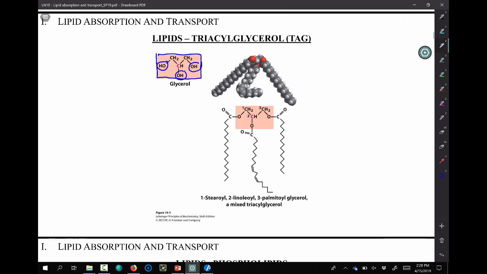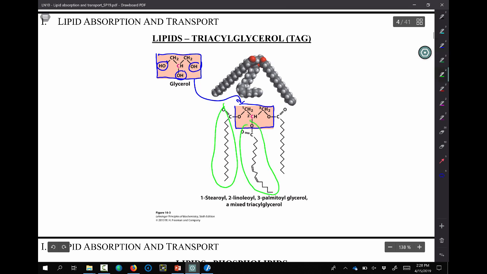That's glycerol. Take that glycerol backbone and attach to it 3 different chains. And you have then here a triacylglyceride. 3 acyl chains attached to a glyceride backbone.